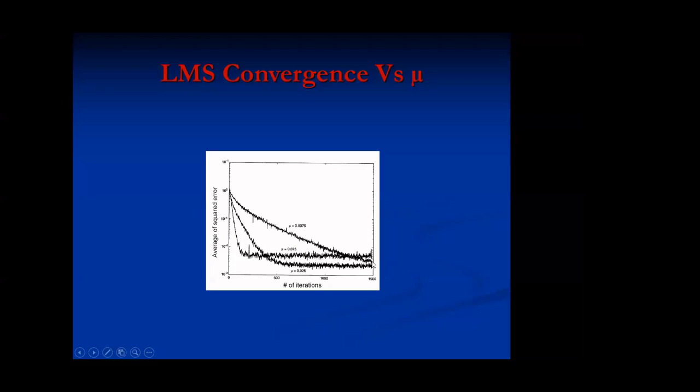And the advantage of choosing the lower value of mu is the steady state error will be less, but it converges slowly. So it depends upon the application, whether we want fast convergence or more accuracy, the low steady state error. Depending upon that, you have to choose the value of mu. But in any case, the mu value will be less than 2 by trace R.